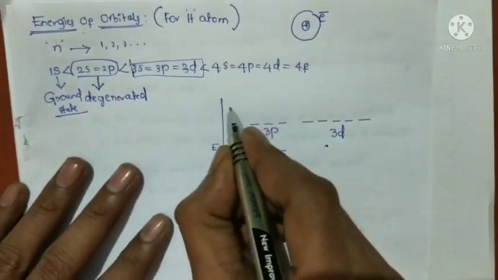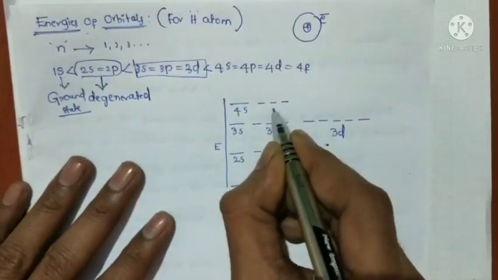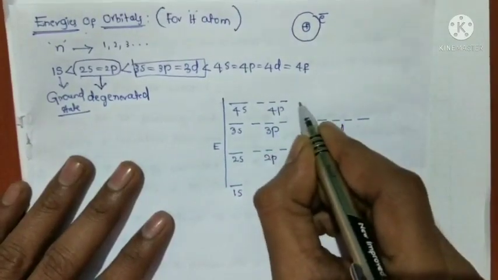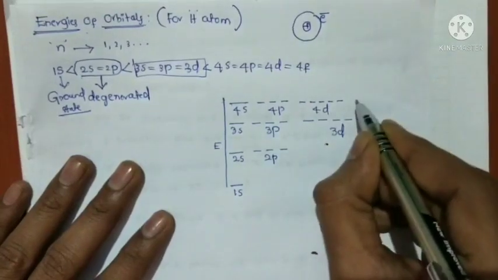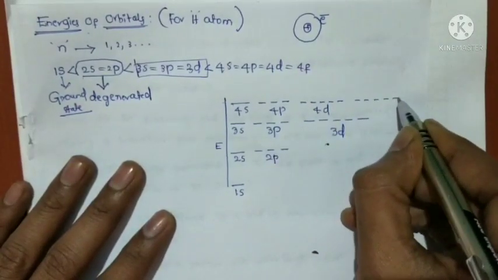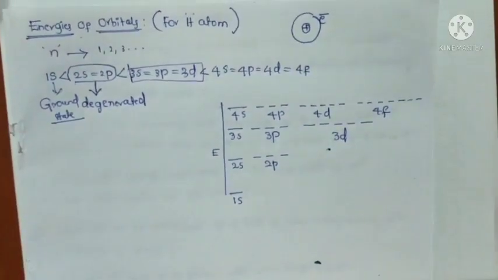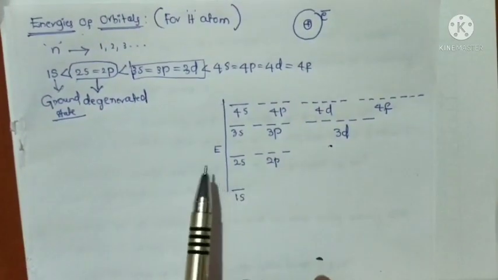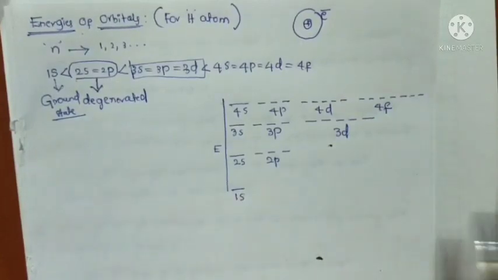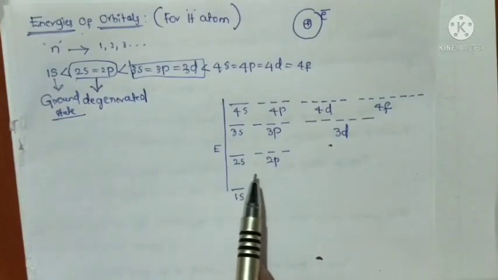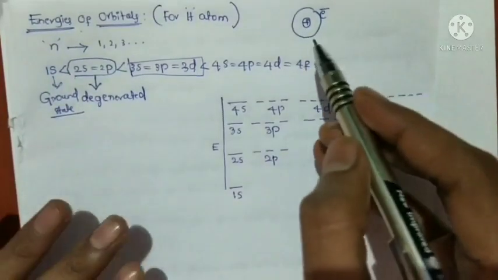Here 4s, then 1, 2, 3 is 4p, 1, 2, 3, 4, 5 is 4d, and 1, 2, 3, 4, 5, 6, 7 are the 4f orbitals. What is the reason that the azimuthal quantum number is different but the energy is the same?